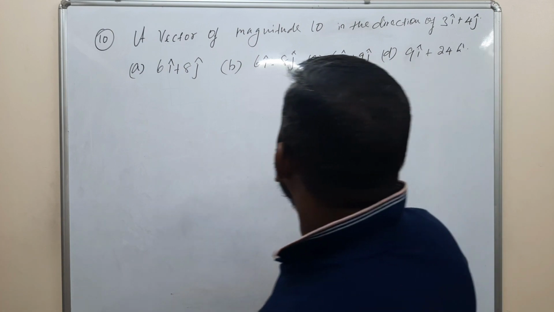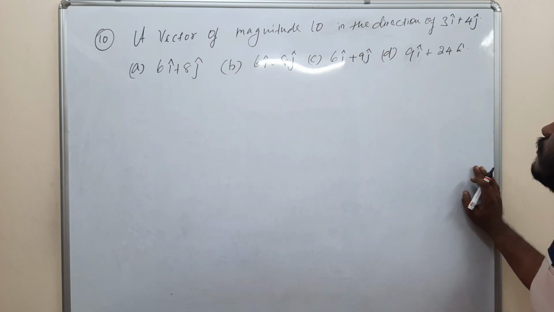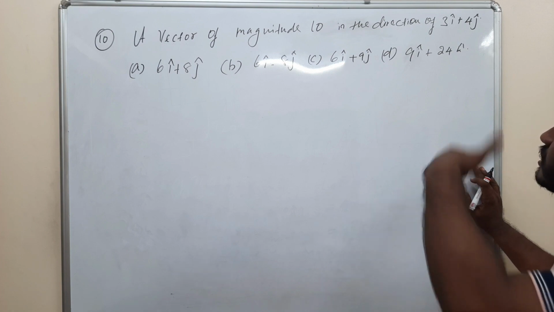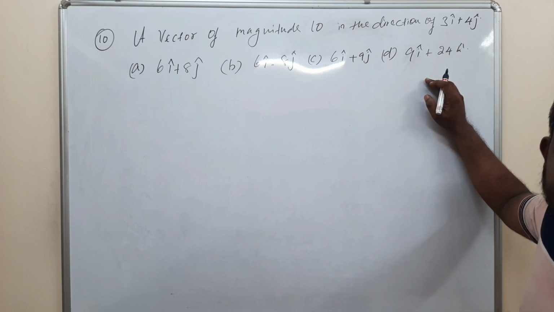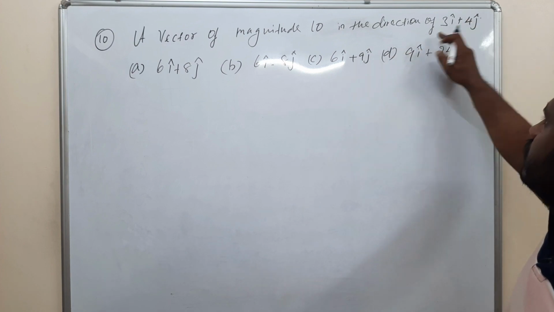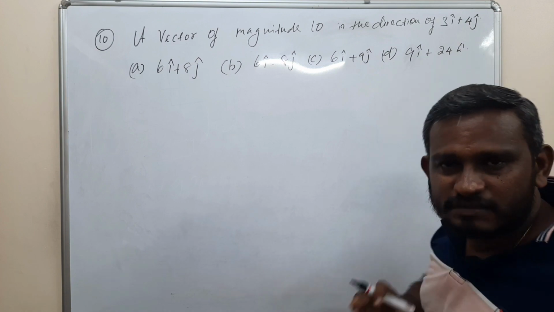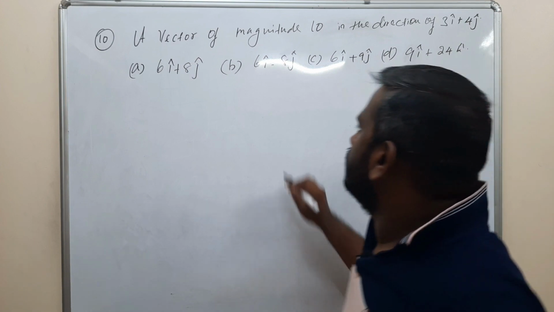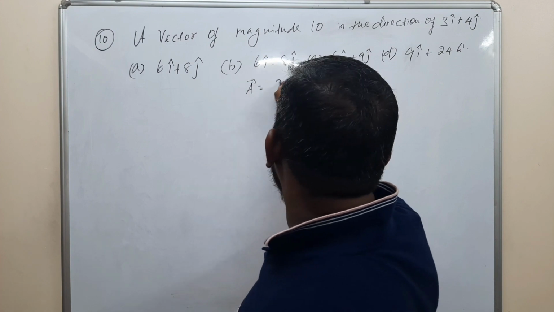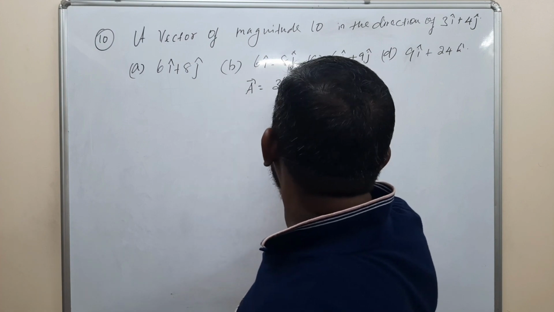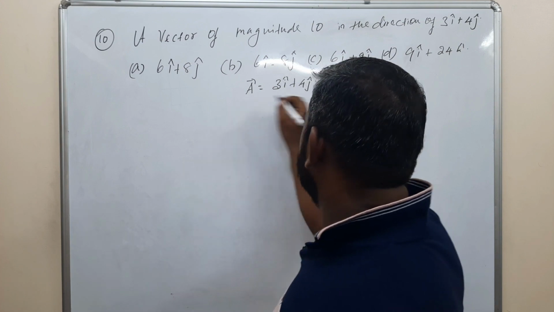So a vector of magnitude 10 in the direction of 3i plus 4j cap. The direction of this vector means the unit vector along this vector. So consider a vector is equal to 3i cap plus 4j cap. What is the unit vector of a vector?